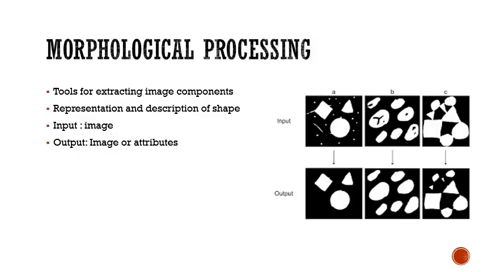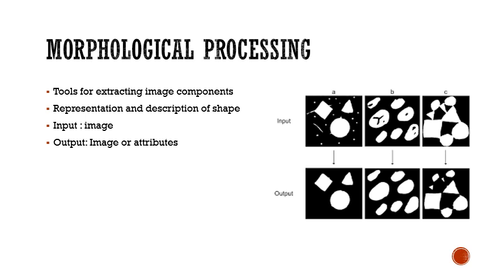This processing deals with tools for extracting image components useful in the representation and description of shapes. So here the input should be an image, and the output can be an image or an attribute. If input is an image and output is an image, we speak of low level processing. And if input is an image and output is an attribute, we classify it as mid level processing.